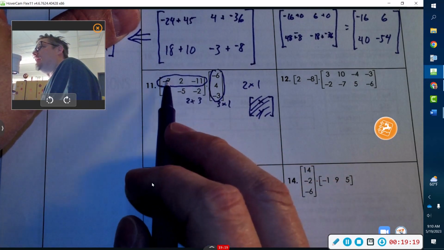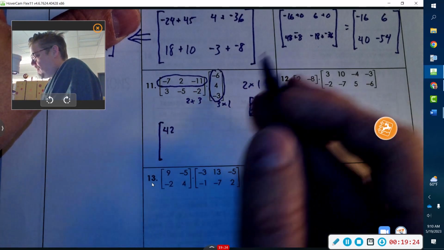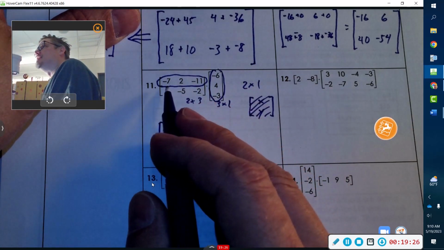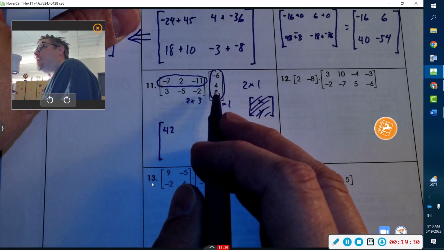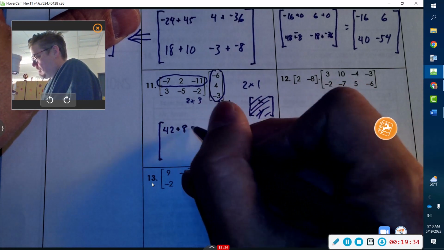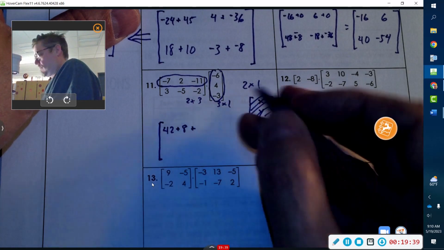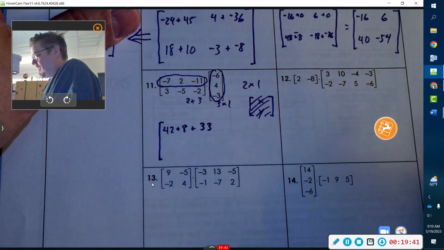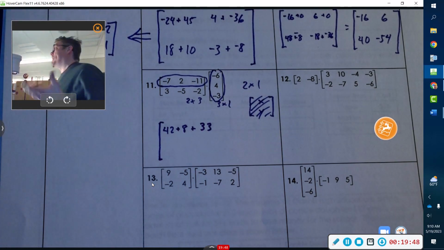We've got -7 times -6 is 42. Then we're going to add the next product going across here and down here. So that's 2 times 4. That's 8. Plus -11 times -3. Now that's going to be my top number. Yeah, because you run out of things to do. Yeah, exactly. So there's my first number.